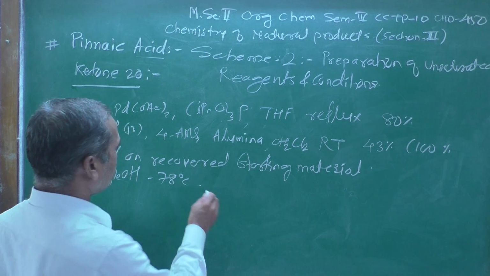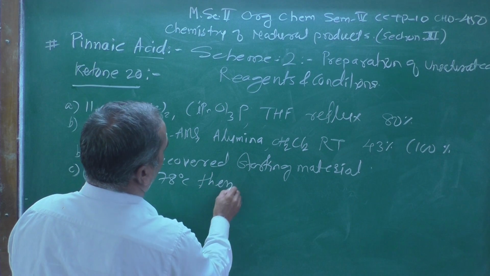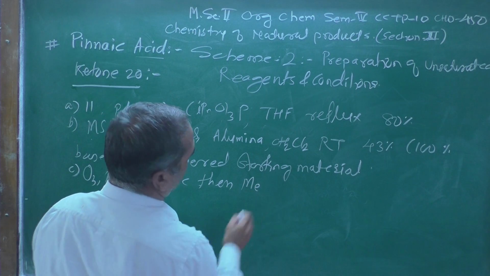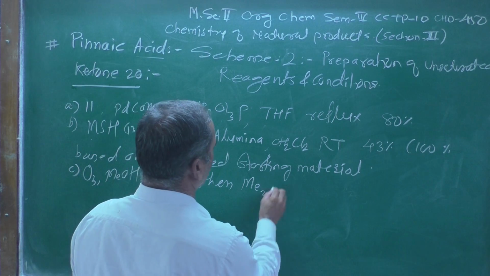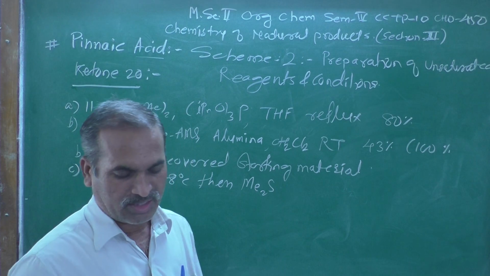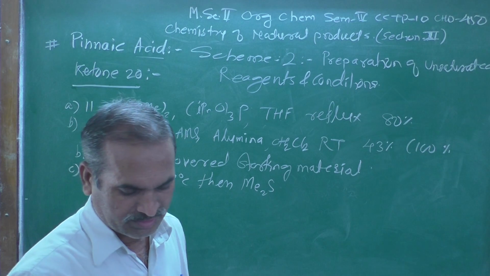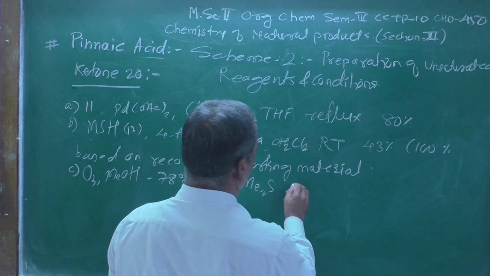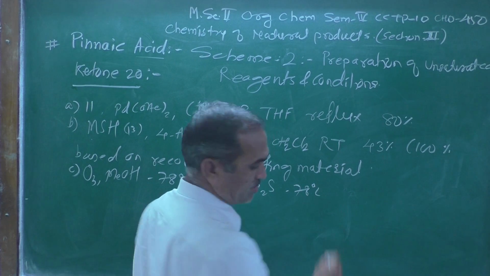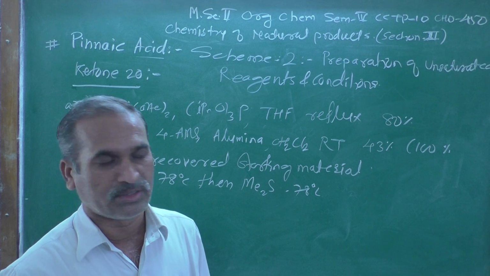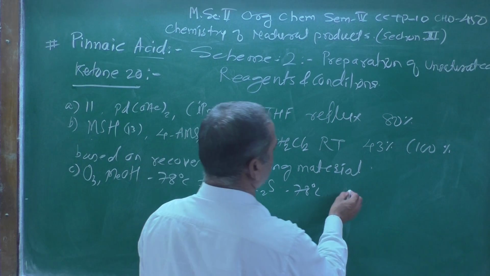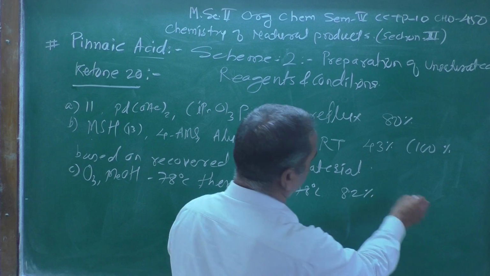Then Me2S, dimethyl sulfide, was added at minus 78 degrees centigrade, and the yield obtained was about 82%.